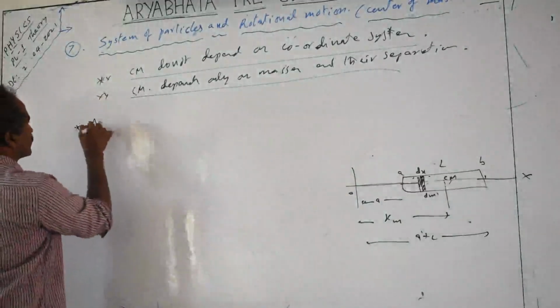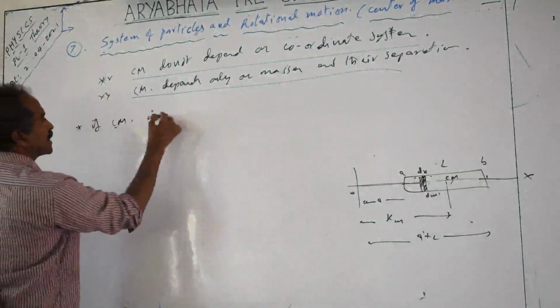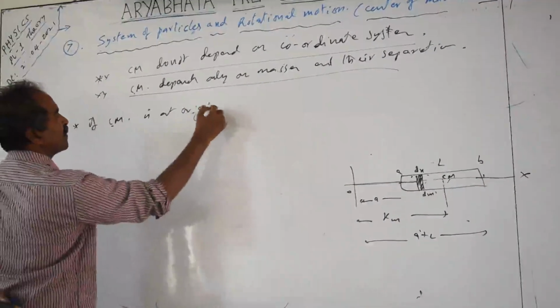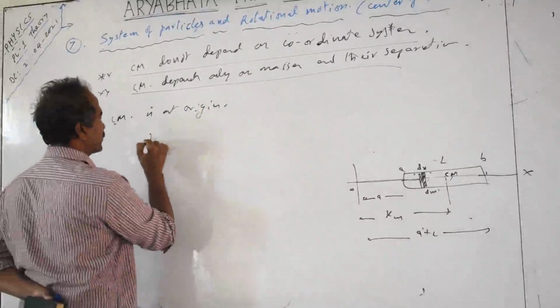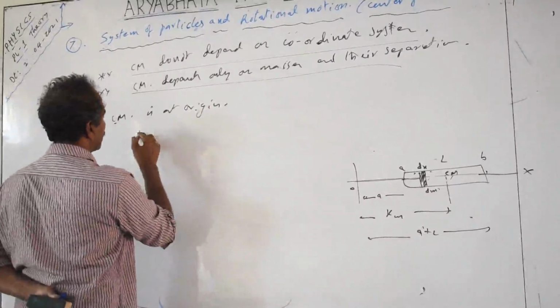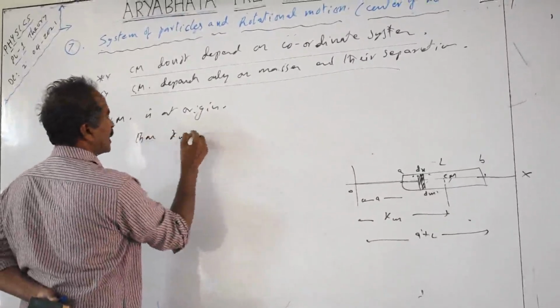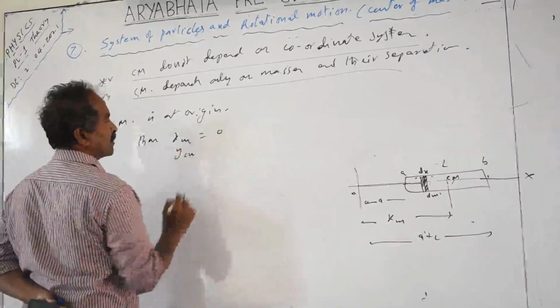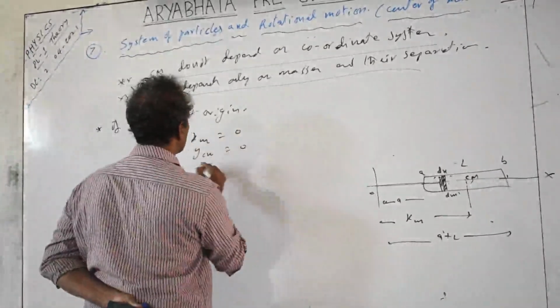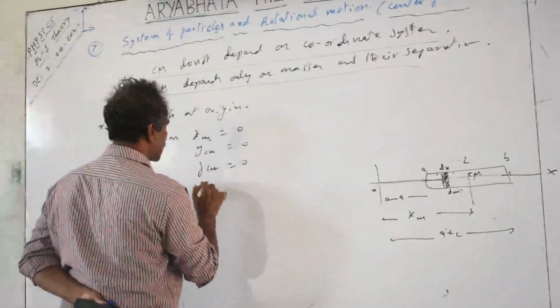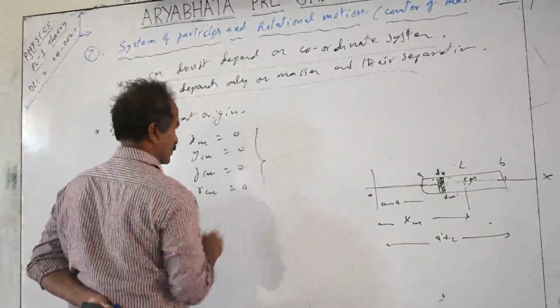If the center of mass is at the origin, then what happens to xcm, ycm, zcm? Then xcm equal to 0, ycm equal to 0, zcm equal to 0, rcm also equal to 0.